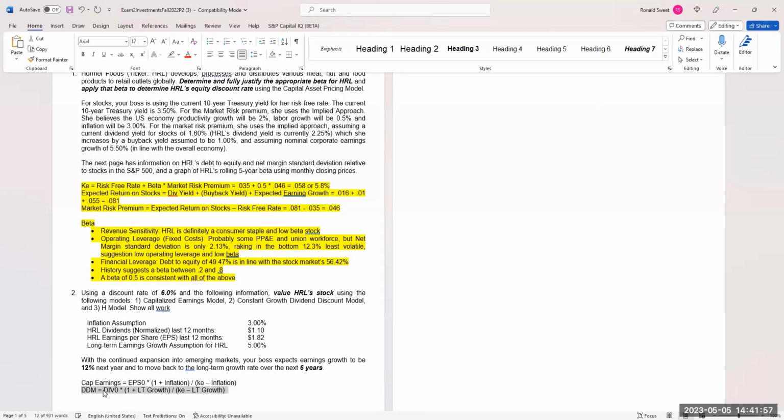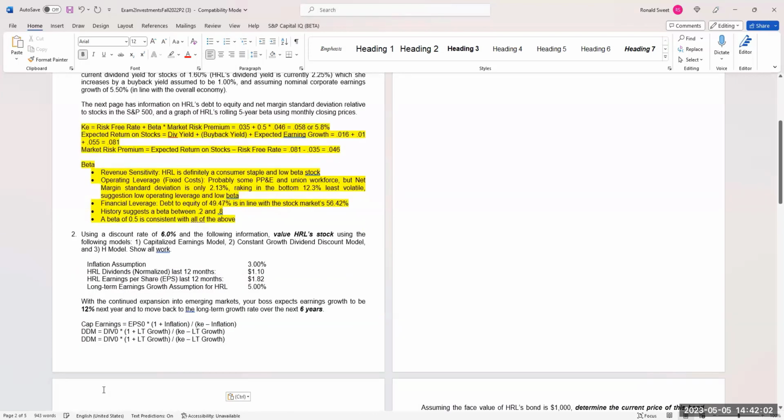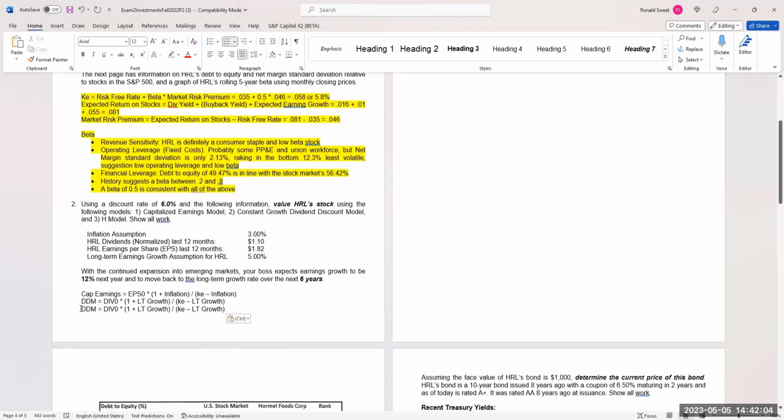And then the H model looks almost identical to the dividend discount model. And it is, except for, and be real careful with parentheses here. I've seen several students make math errors because they didn't realize this entire thing goes in the numerator.